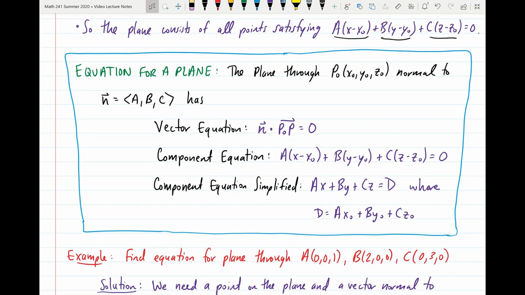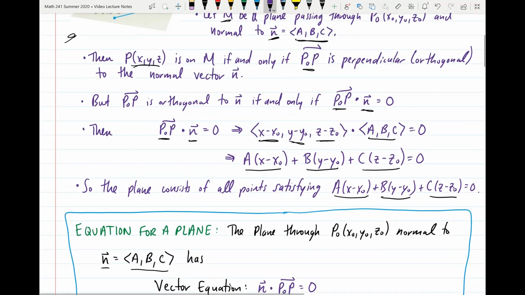So if we have a plane that passes through the point P0 and it is normal to the vector N with component form A, B, C, then for our plane we have a few different equations that we can write down. The first one is a vector equation, which is just the equation that the dot product of N and the vector from P0 to P is equal to 0, which we had written up here.